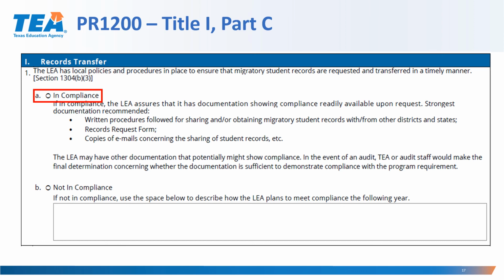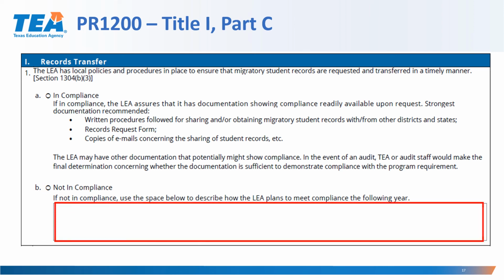The LEA may have other documentation that potentially might show compliance. In the event of an audit, TEA or the audit staff will make that determination. If the LEA indicates that they're not in compliance, they have to provide a description in the box below as far as how the LEA plans to meet compliance for the following year.